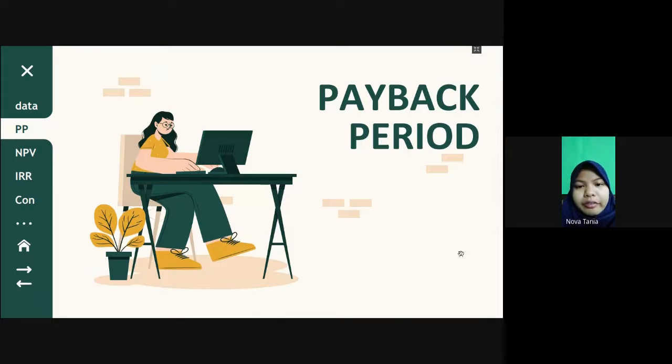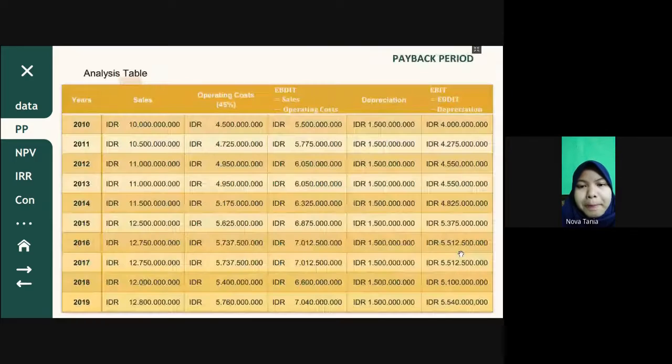And then the first we will analyze using the payback period method. To calculate using the payback period method, we must make the analysis table like this. The first column is years, and the second column is sales.